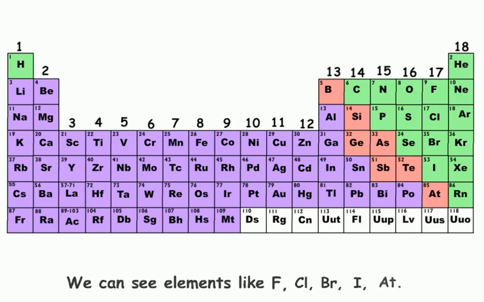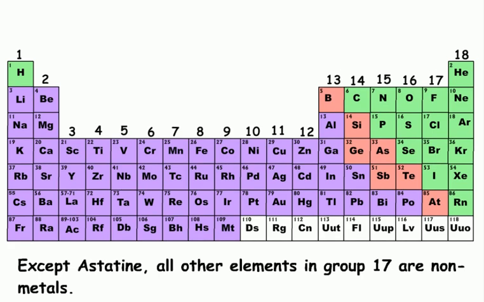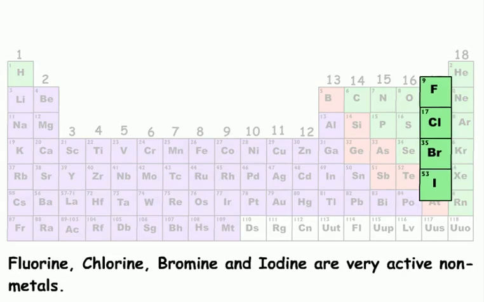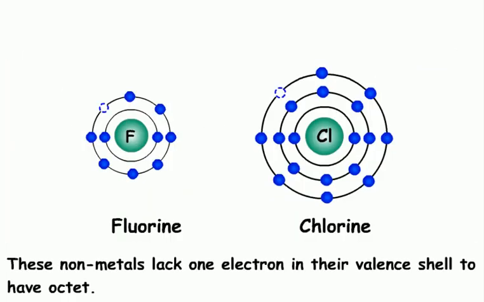Except astatine, all other elements in group 17 are non-metals. Fluorine, chlorine, bromine, and iodine are very active non-metals. These non-metals lack one electron in their valence shell to have octet.